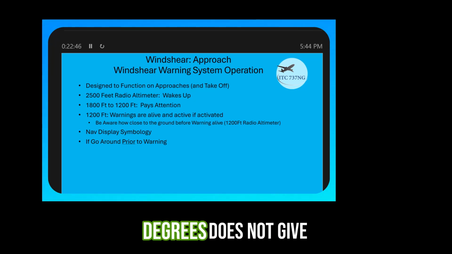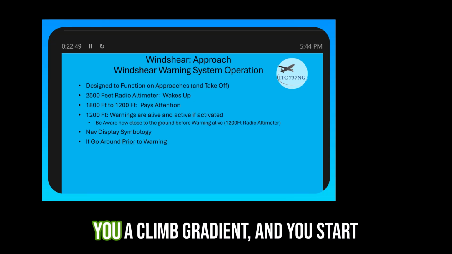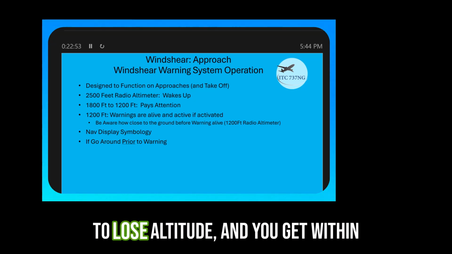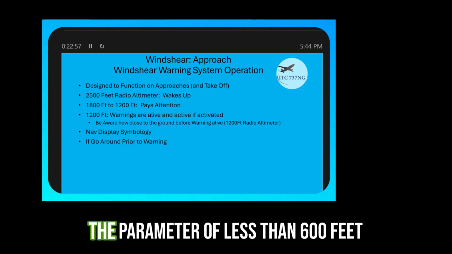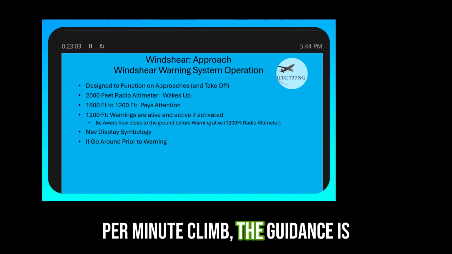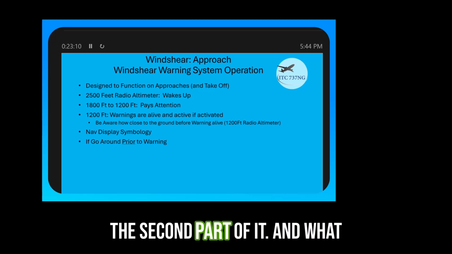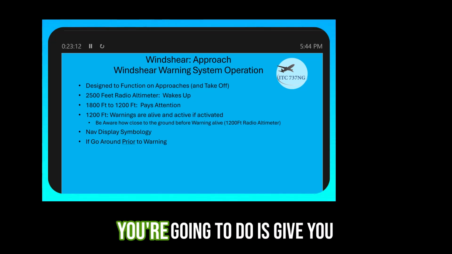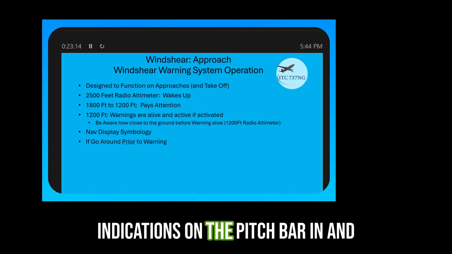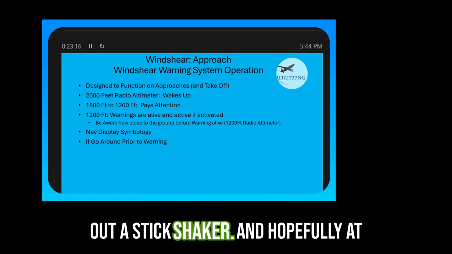If 15 degrees does not give you a climb gradient and you start to lose altitude and you get within the parameter of less than 600 feet per minute climb, the guidance is going to take you to the stick shaker. So that's a second part of it. And what it's going to do is give you indications on the pitch bar in and out of stick shaker.